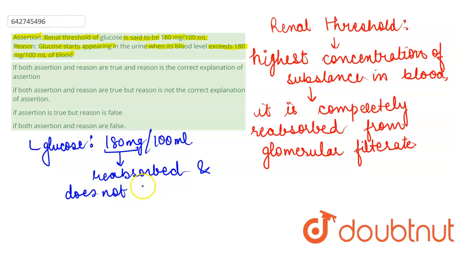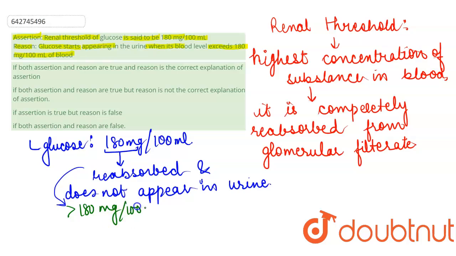However, when its level exceeds 180 milligram per 100 ml of blood, some filtered glucose is left behind.